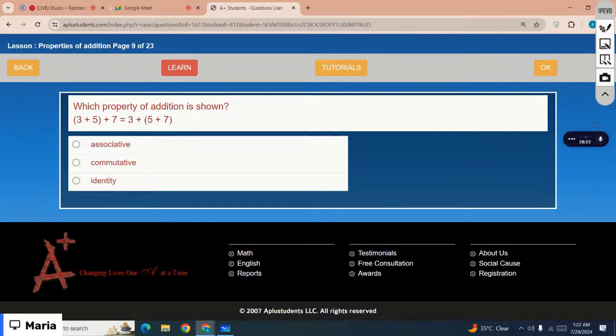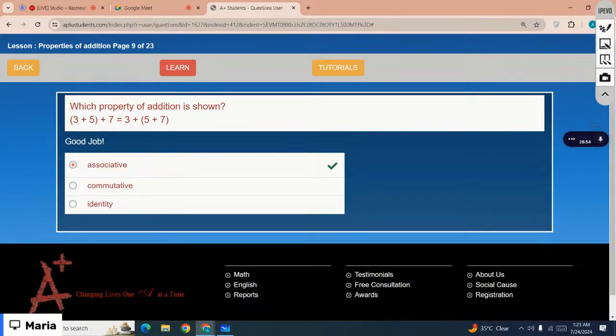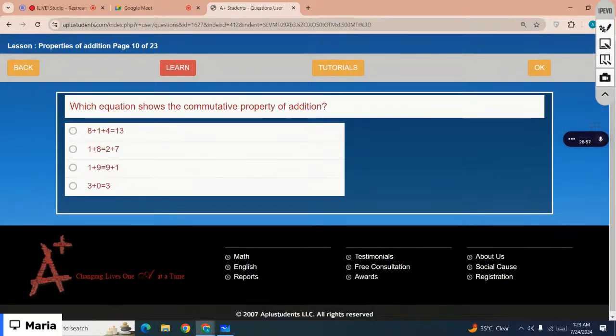Which property of addition is shown? Which is the correct option? That is again the associative property. Which equation shows the commutative property of addition?